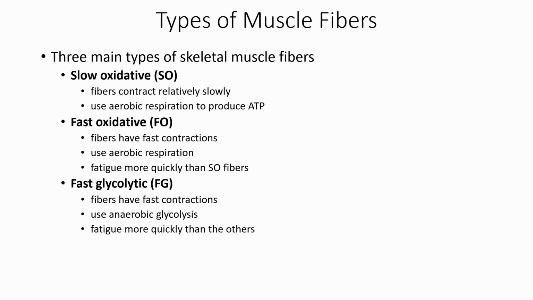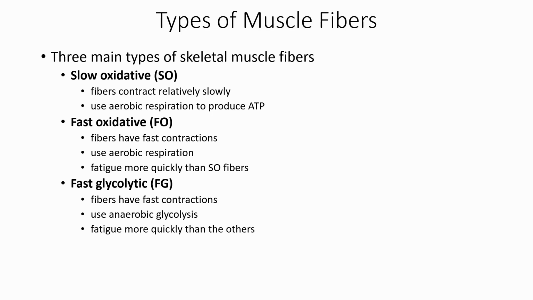So slow oxidative, or SO for short, these are fibers that contract pretty slow. And they mainly are going to use aerobic respiration or cellular respiration to produce ATP, meaning they're really using a lot of mitochondria to do this. Since we're contracting a bit slower compared to the other fibers, aerobic respiration is a slow but steady process for ATP.